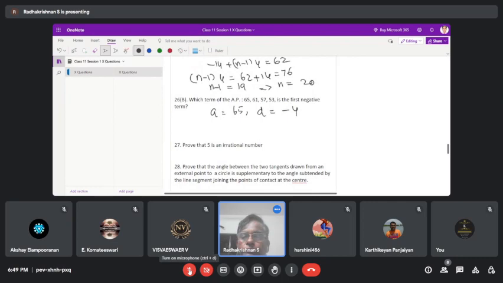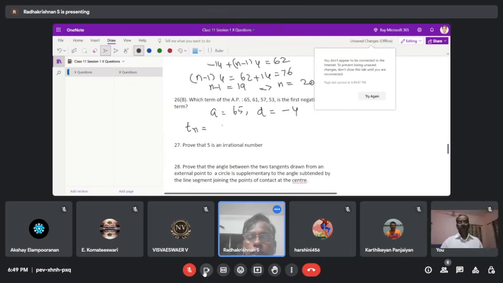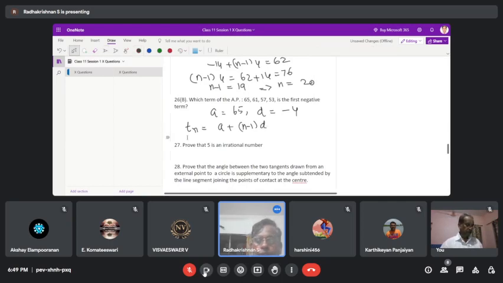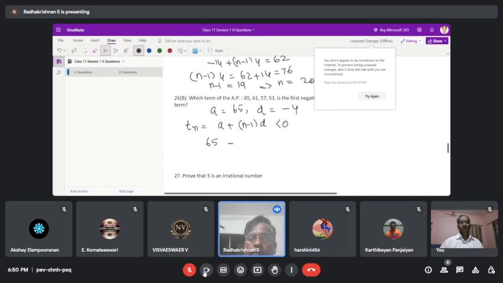Okay. So Tn equal to A plus n minus 1 into D. It is given that this is the first negative, so you can say less than 0. 65 plus n minus 1 into minus 4 is less than 0.